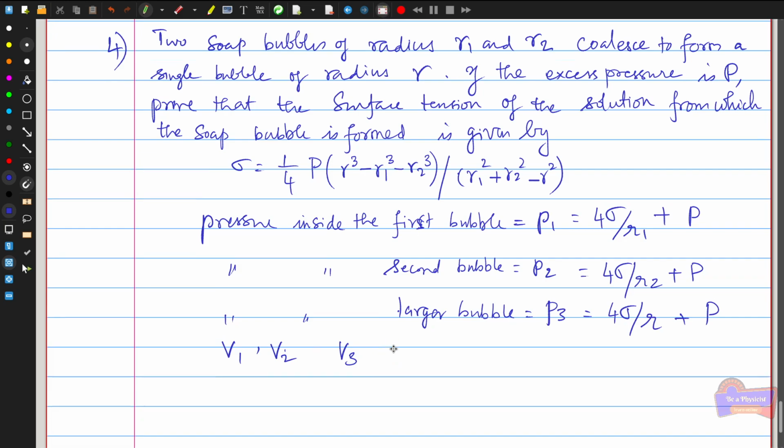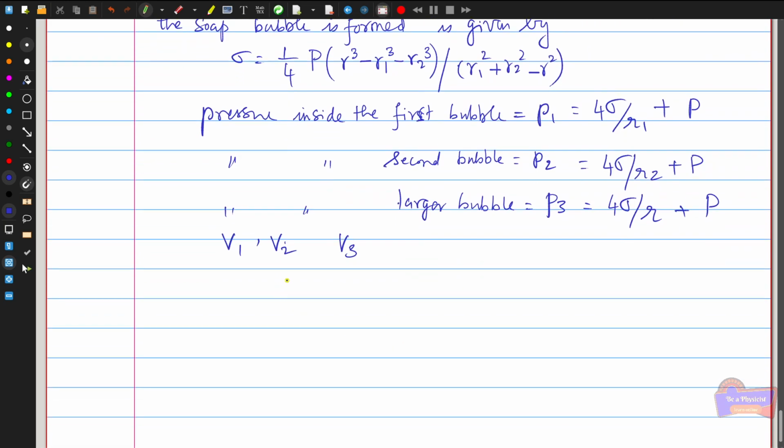According to Boyle's law, we can write P1 V1 plus P2 V2 is equal to P3 V3.